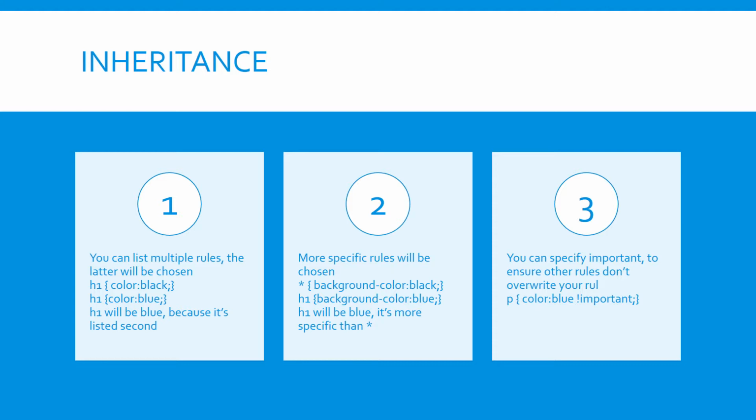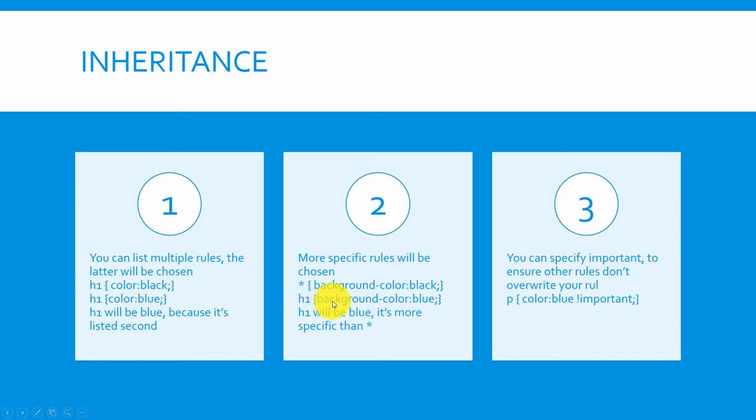It'll also choose more specific. So I mentioned earlier that the asterisk symbol, this wildcard here, is actually a wildcard for all elements. And so you're going to say all elements have this background color black. You could come down here and create another rule that says, oh, the H1 element, make that background color blue.